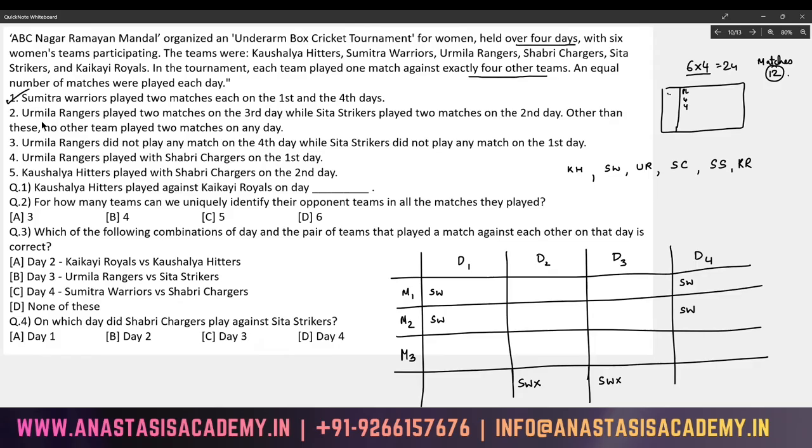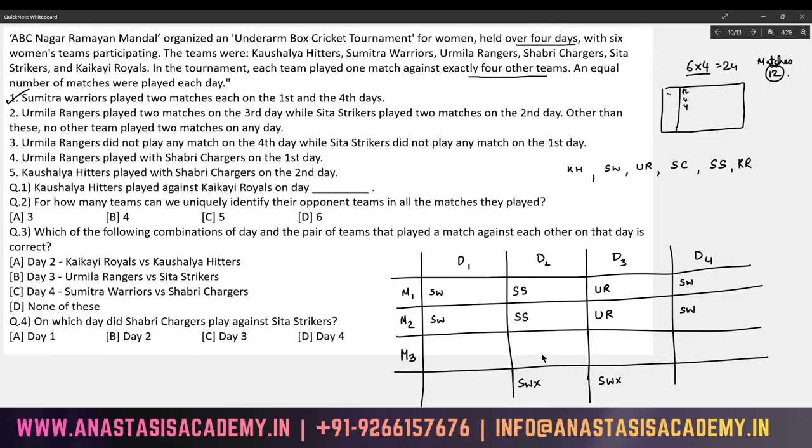Next, Urmila Rangers played 2 matches on the 3rd day, while Sita Strikers played 2 matches on the 2nd day. Okay, so Sita Strikers. This is good news for us. Why? See, 3 matches are supposed to take place.